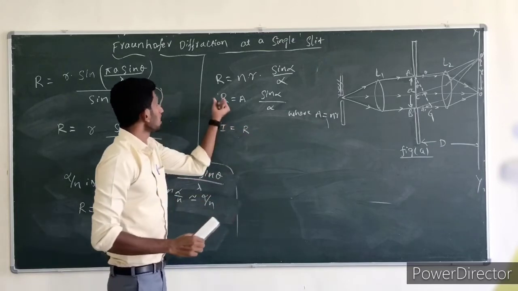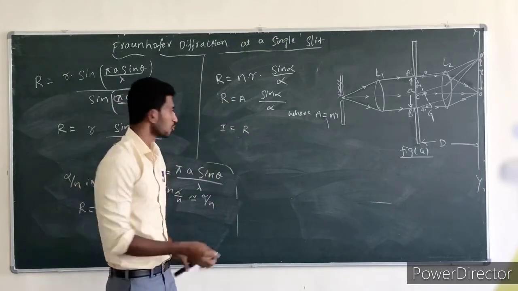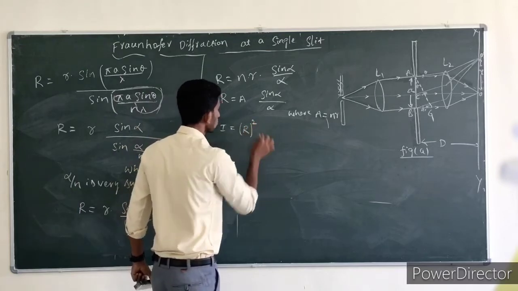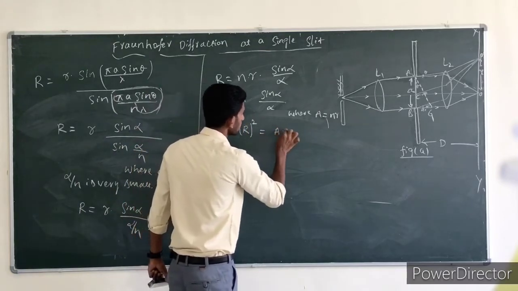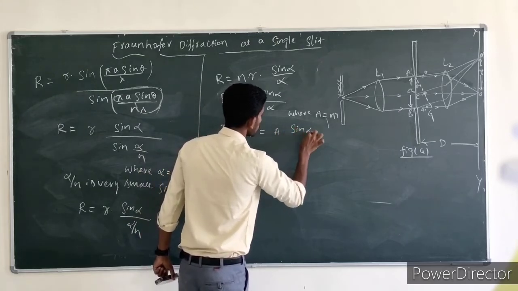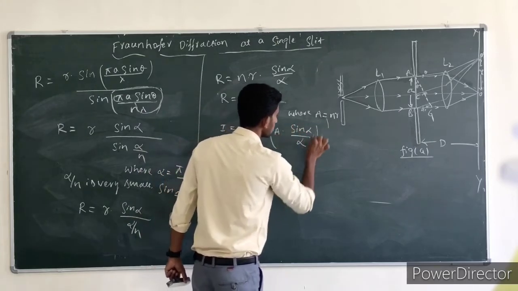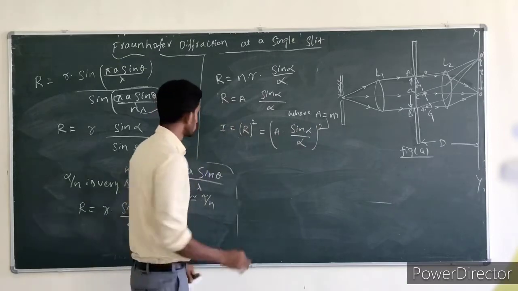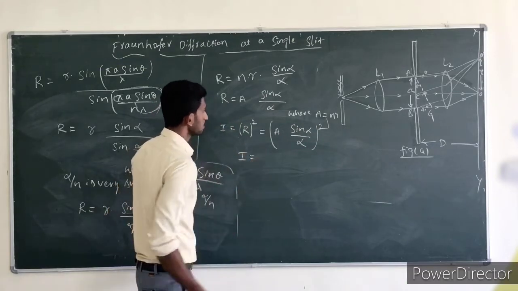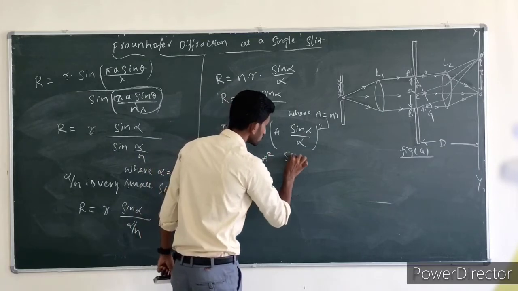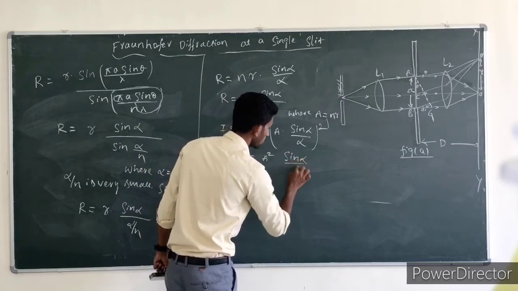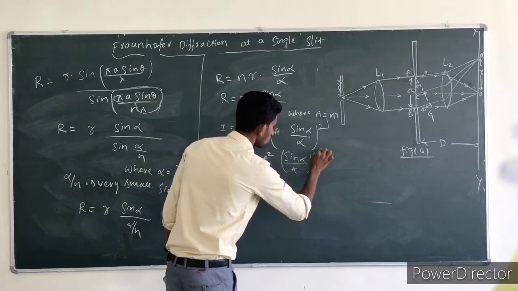Here R is my resultant amplitude, so R square. What is my R? R is nothing but a into sin alpha by alpha. So intensity I is equal to a square into sin alpha by alpha whole square.